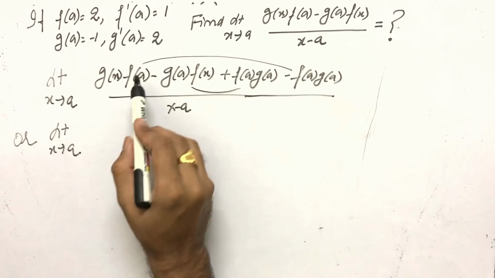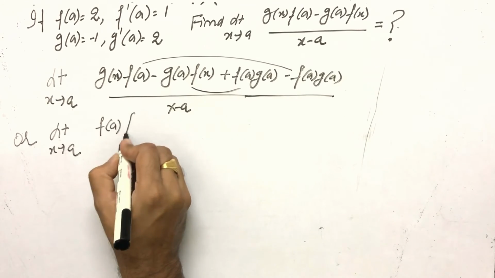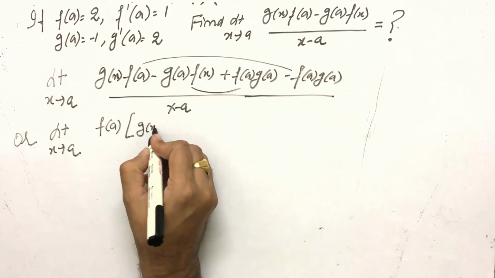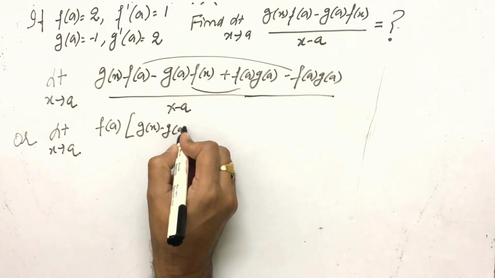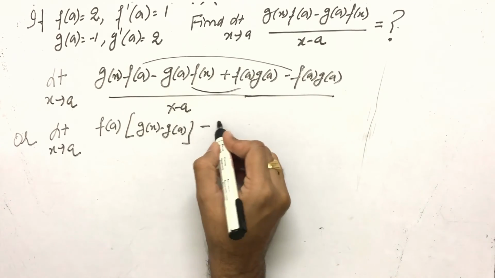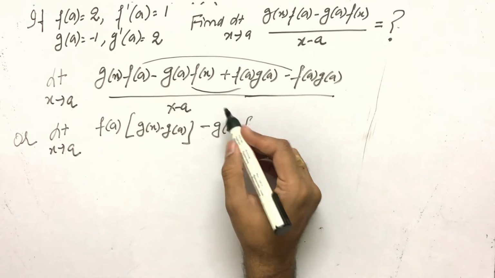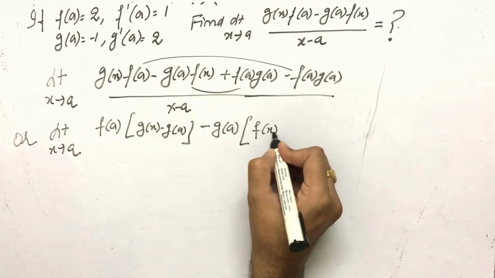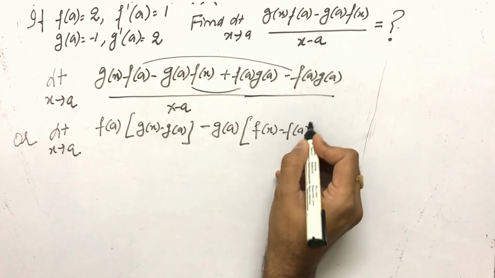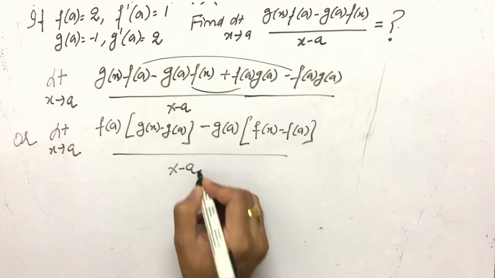What can we take common from here? f(a). What we have inside the bracket is g(x) - g(a). And from these two, what can we take common? Minus g(a). And what is left? f(x) - f(a). Whole divided by x - a.